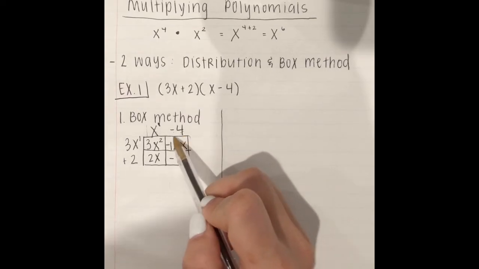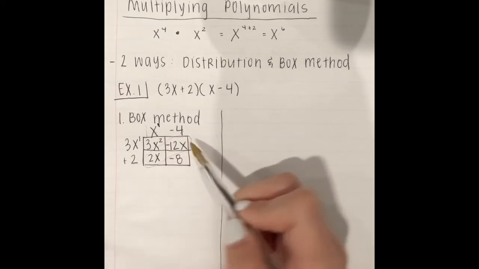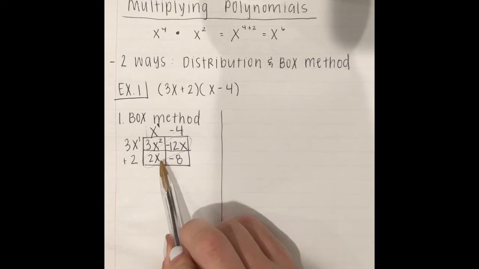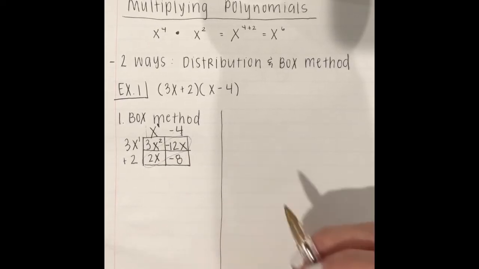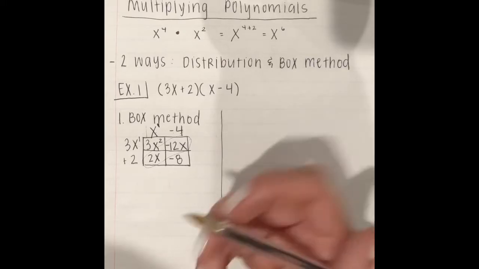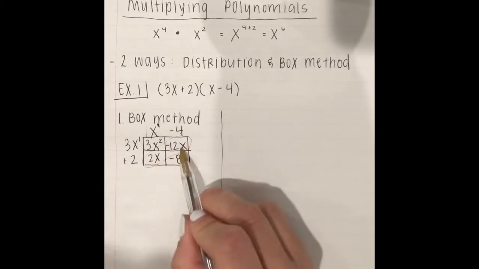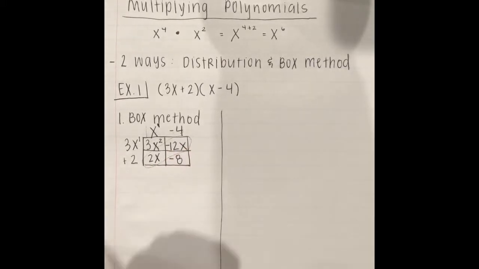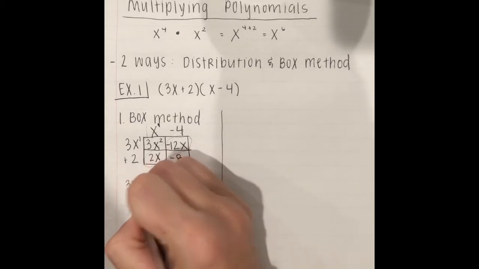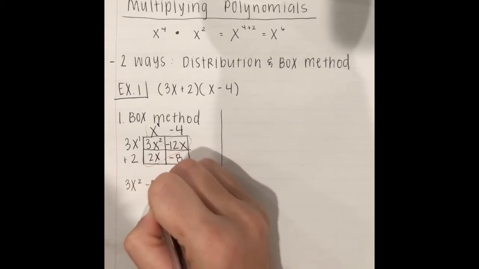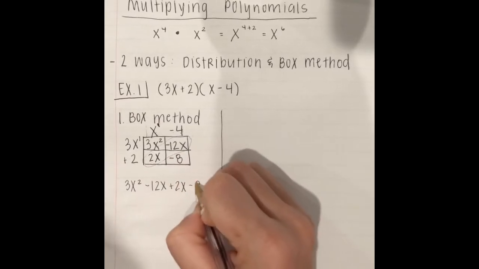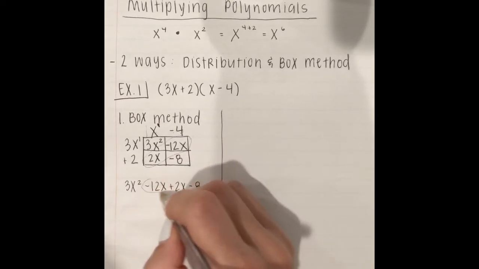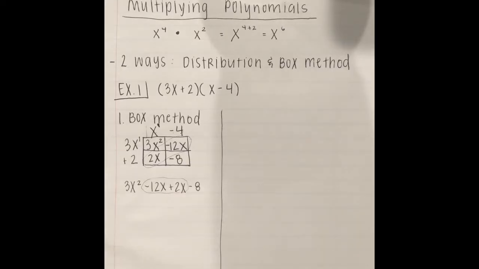Most of the time, you're going to have like terms on that diagonal. These are like terms because they're just x to the power of 1, right? So you can go ahead and combine those right there if you want, or you can list it out. So we have a 3x squared minus 12x plus 2x minus 8. And once again, you can see those like terms.